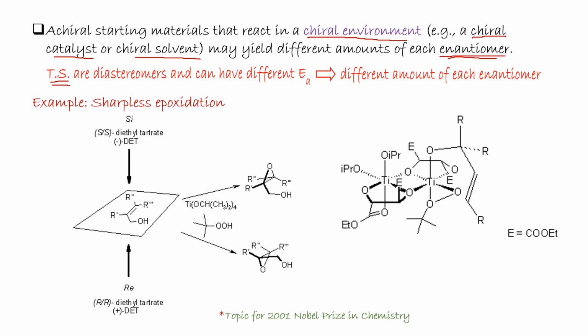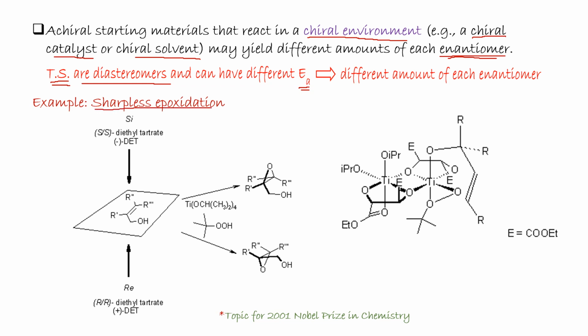The transition states are diastereomers. Diastereomers means that they are different compounds with different energy levels, and can have different activation energies. So if we have different activation energies which lead to the enantiomers, the transition state is diastereomeric, which means that the rates of their formation will be different. Okay?